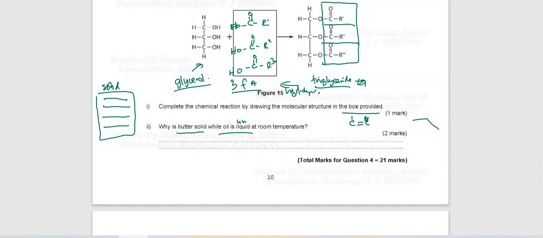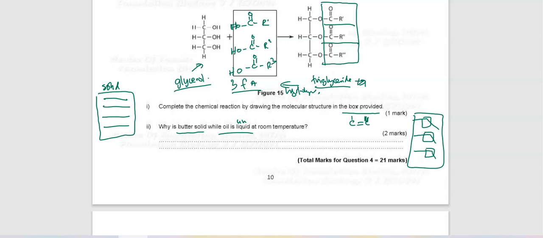So therefore the molecule of that unsaturated fat will be bent, and at room temperature, because of the presence of bend or kink, we call it kink, where double bond occurs, this prevents the fat molecule from packing closely together. So they will be liquid at room temperature. It prevents the molecule of fat from closely packed together, and they will maintain as liquid at room temperature.